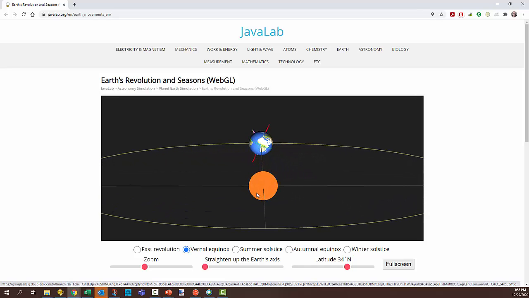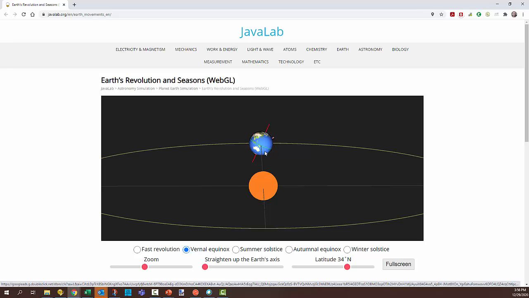And let's look. Now we are seeing the face of the Earth that's facing the sun. We are seeing parts of the Earth that are experiencing daytime. Like these parts here, they are experiencing sunrise, while these parts here are experiencing sunset.